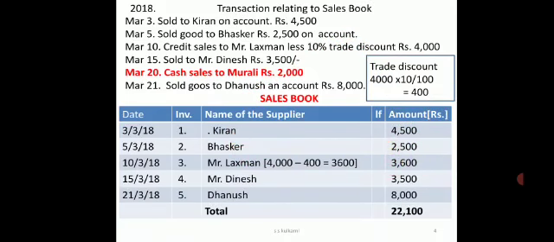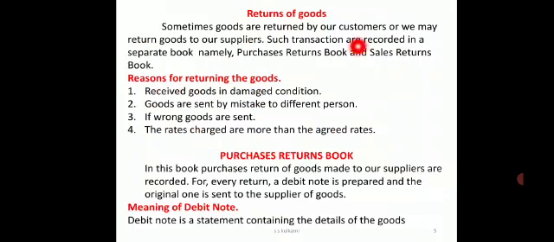Now we'll see the next, that is returns of goods. Goods are returned by our customers, or we may return goods to our suppliers, and such returns made by us or received by us have to be maintained in separate books: the purchase returns book and the sales returns book.